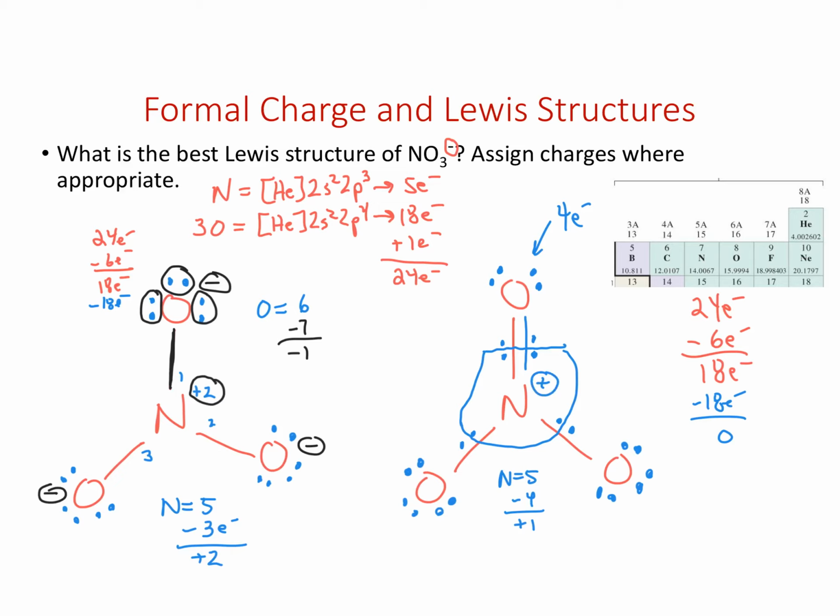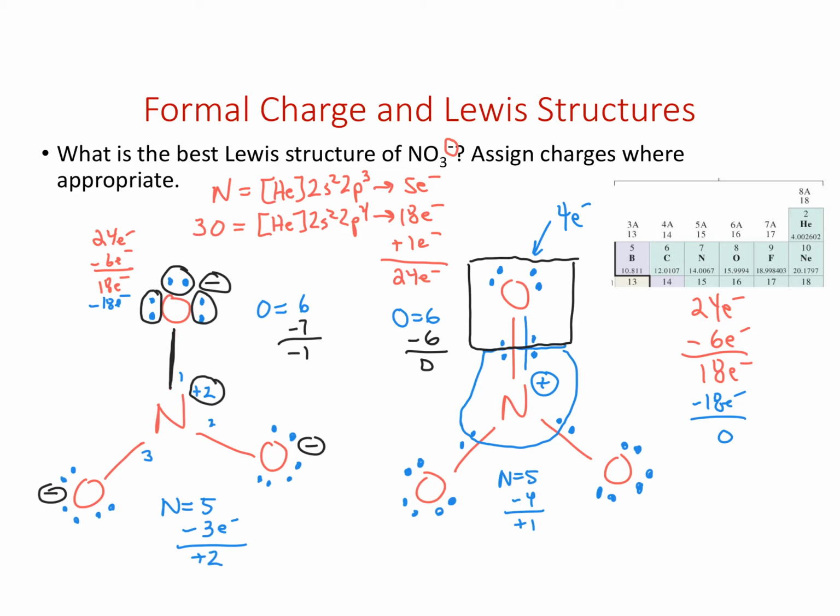For the oxygens, oxygen is still group 6, so that didn't change, but the number of assigned electrons did. If I look at this top oxygen here, I have 1, 2, 3, 4, 6 electrons assigned: 4 in the lone pairs, and then 2 that are shared with nitrogen. So the charge here is 0. That oxygen is neutral. So in general, if oxygen is in a double bond, it will have a charge of 0.